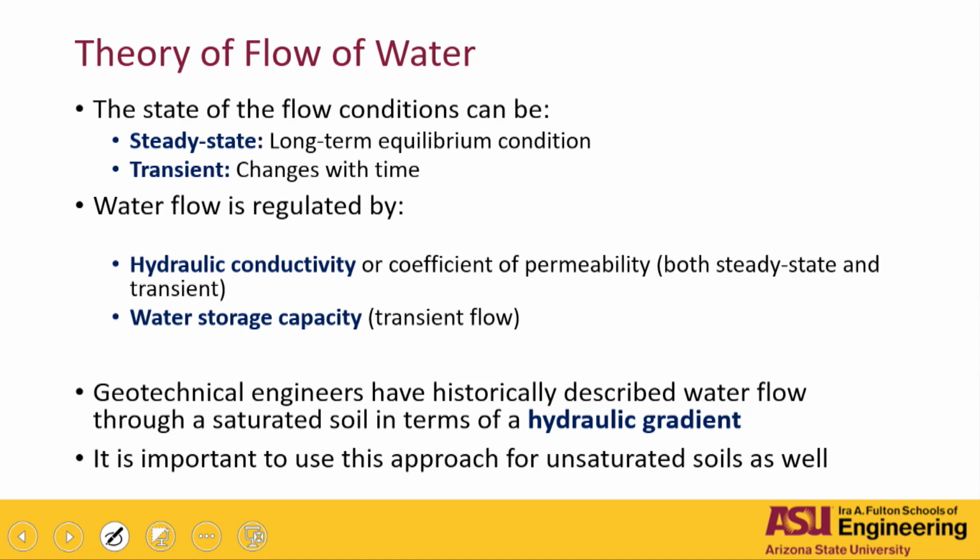But most of the problems that we deal with that are a function of climate or environmental conditions are transient flow conditions, okay? So water flow is going to be regulated by the hydraulic conductivity, as I told you, for both steady state and transient flow, and also by the water storage capacity for transient flow.